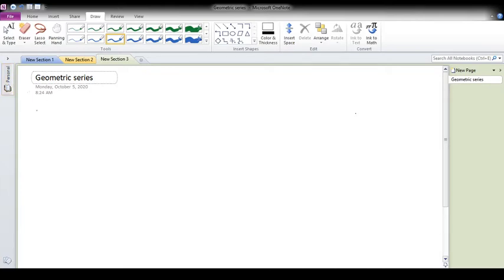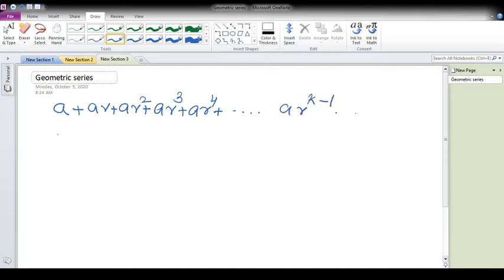A geometric series is a series of the form a + ar + ar² + ar³ + ar⁴ + etc. + ar^(k-1). Generally, we can write it as the summation of ar^(k-1), k equal to 1 to infinity.